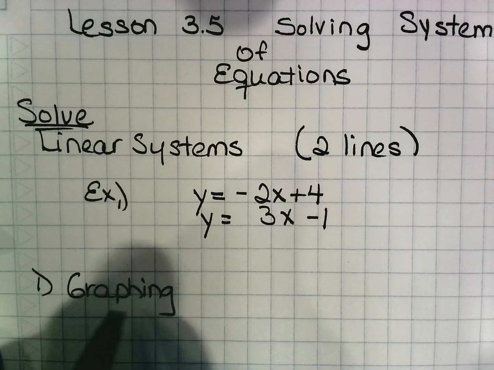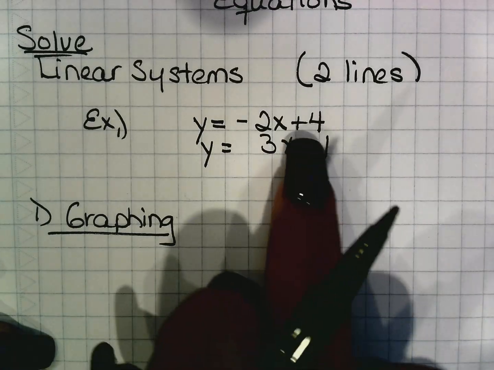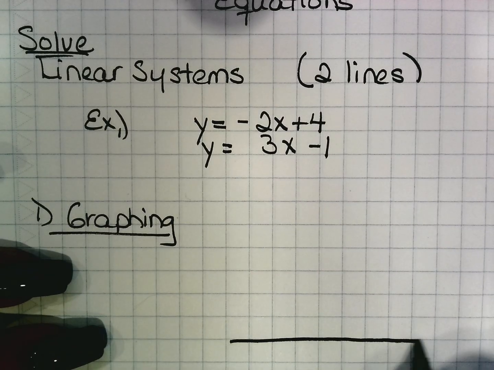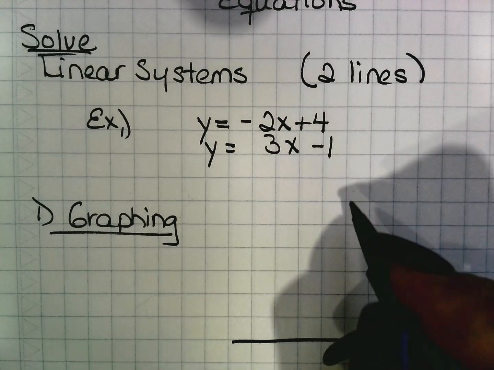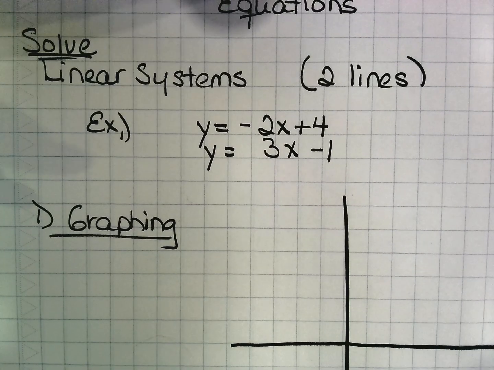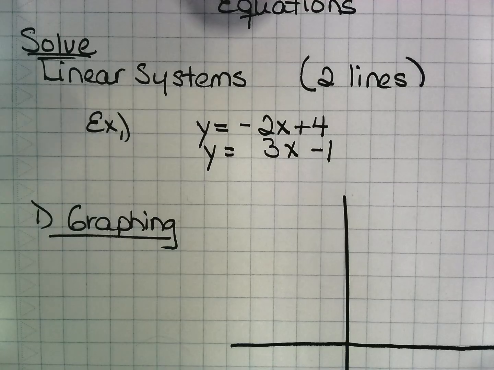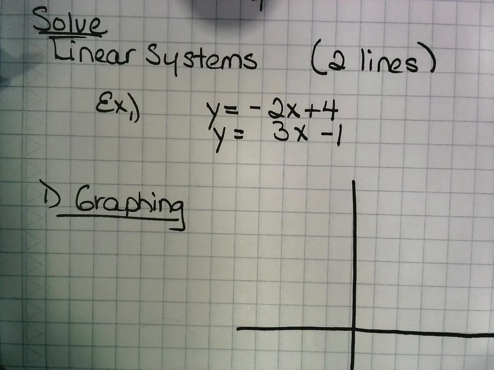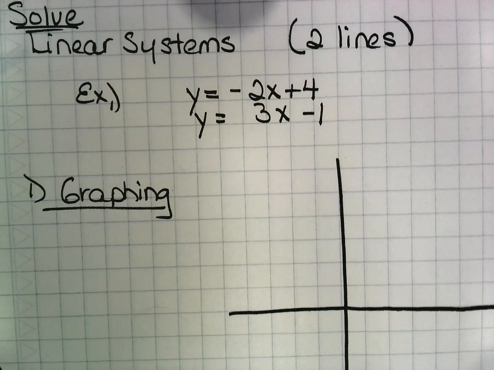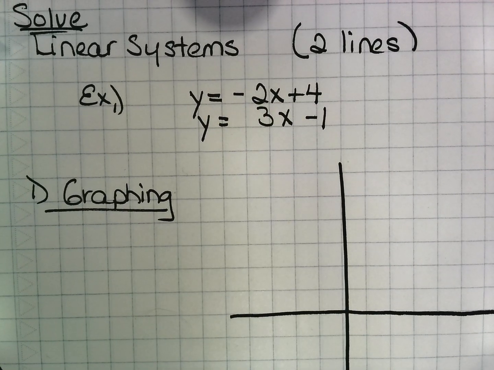So what you do in graphing is graph both of these lines on the same xy plane and see where the two lines intersect. Wherever they intersect, that's going to be our solution to the system.